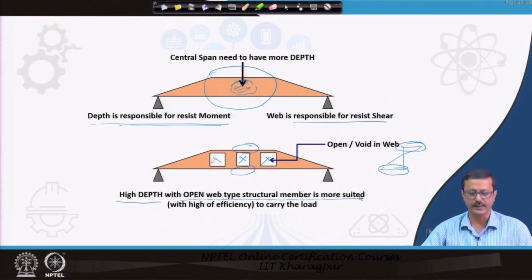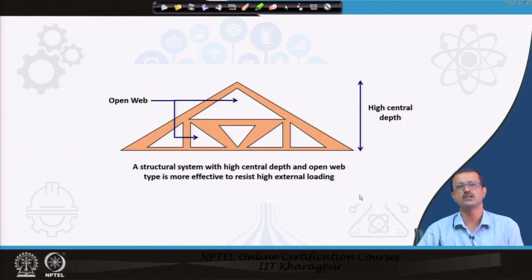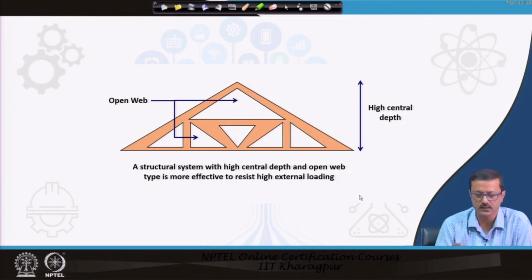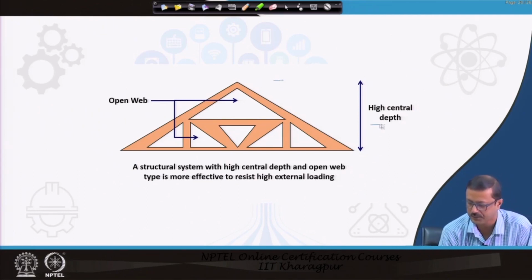So, if I take this particular proposition to the next slide, for a point load or a big span, when a huge amount of bending moment comes in the central portion, I need a higher depth, you need a higher critical depth.